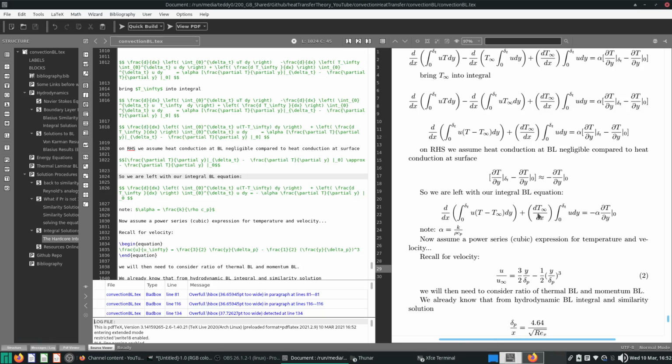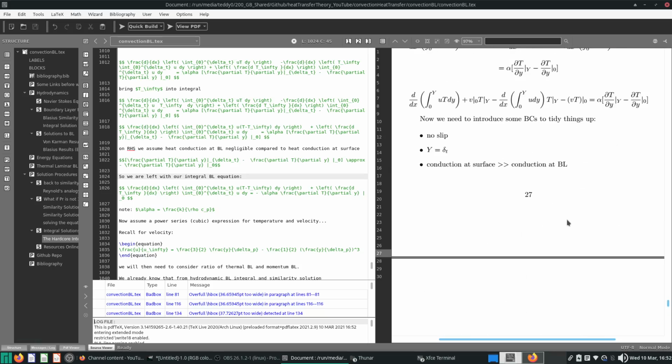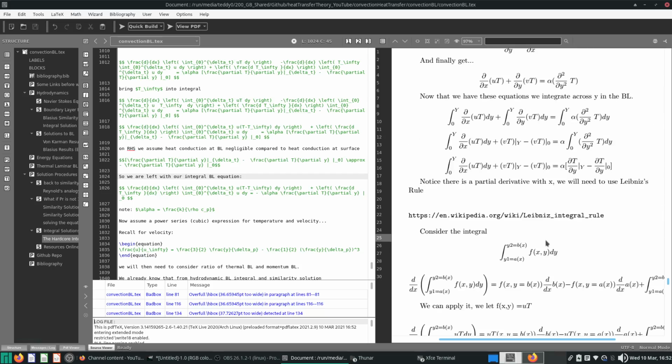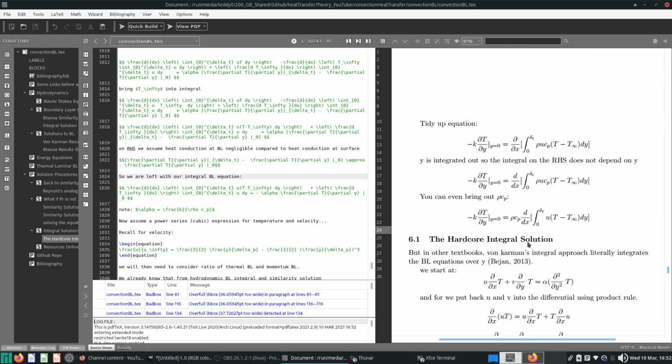Of course, if we cancel out this term, if t infinity is not a function of x, this term will disappear here. We will get back the same equation that we did before using the control volume approach. Of course, you divide both sides by rho CP, you'll get alpha over here. No problem at all.